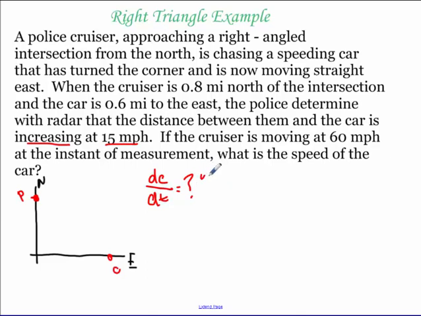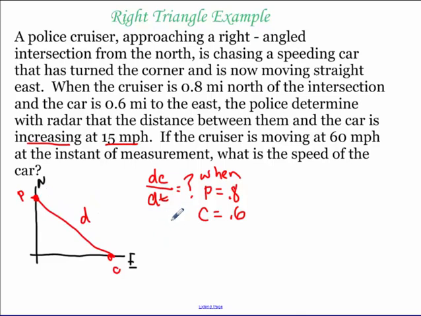I'm looking for that when a few things are going on. When the police car is 0.8 miles from our intersection and our car is 0.6 miles from the intersection. We know that the distance, I'm going to call this distance there d.